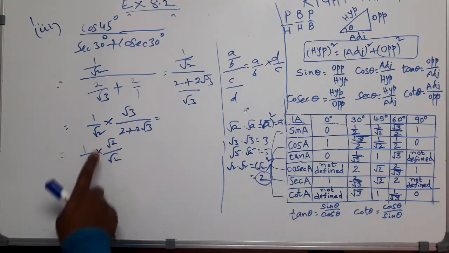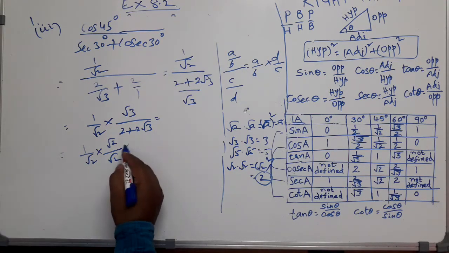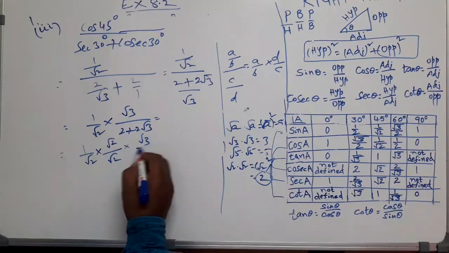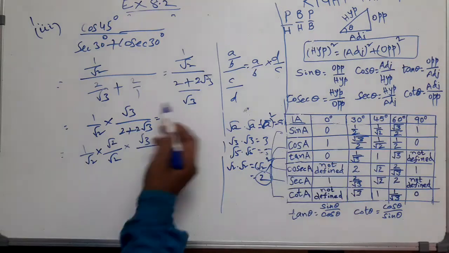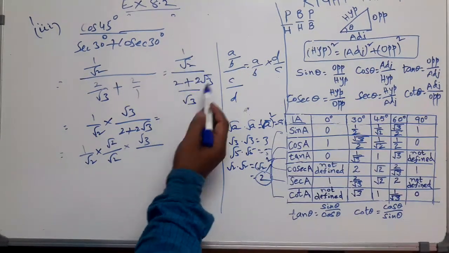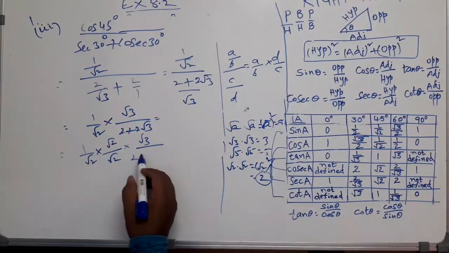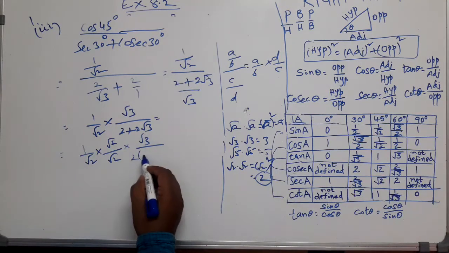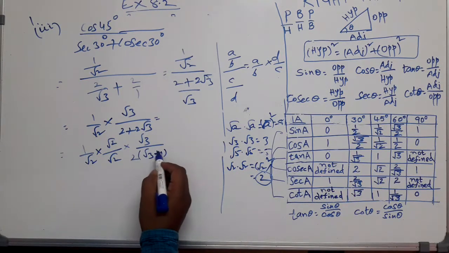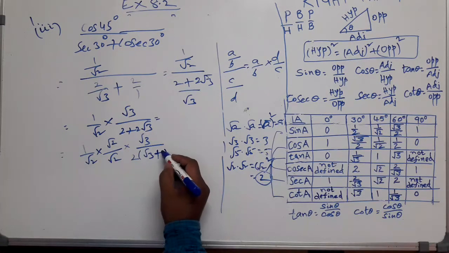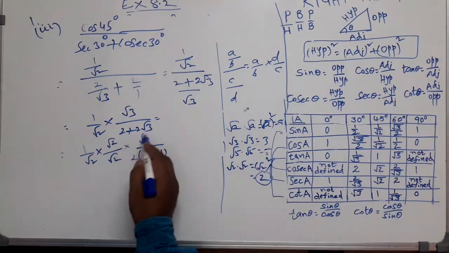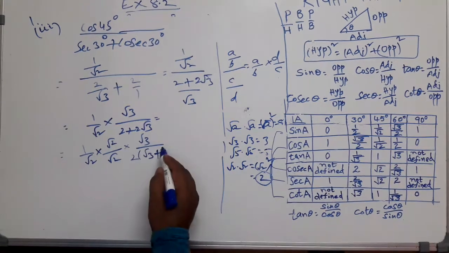That's why I have multiplied and divided by root 2. Multiplied by, of course this is root 3 divided by, see this is 2 common. I can take 2 common out of these two terms itself. Of course I am taking it now. 2 plus, this is root 3 plus 1, right? 2 plus 1 plus root 3, I am writing it as root 3 plus 1. You will see why I have interchanged 1 and root 3 in the next step.